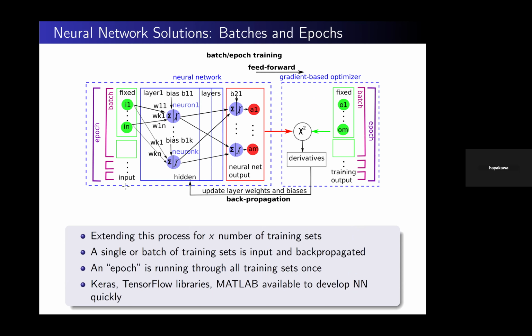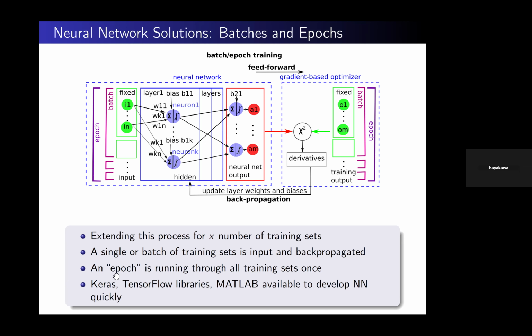So that was a single sample. You can create batches. Batches are multiples of these or portions of these, it varies. An epoch is when you run through your training set one time, but you have to run through it multiple times to train a neural net.